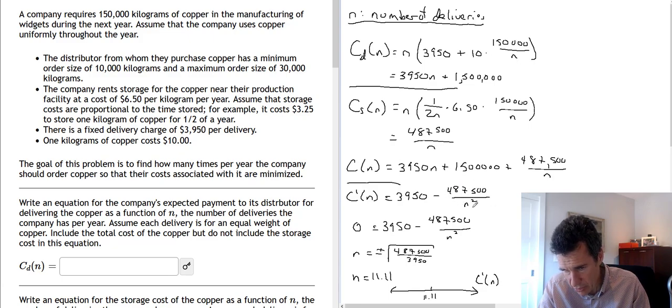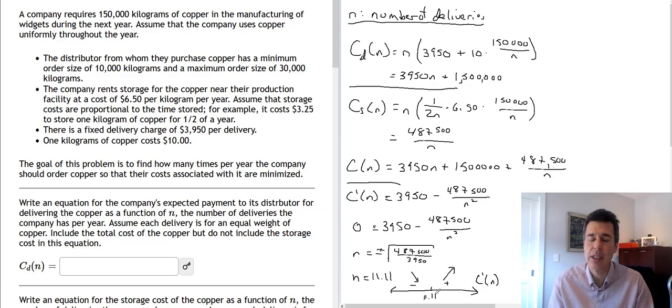So that's going to be a smaller number, and we're going to end up with positive here. And if we put in a smaller number, like 1, we get a negative number there. So the function itself is decreasing and increasing. So the cost at 11.11 should represent a minimum.